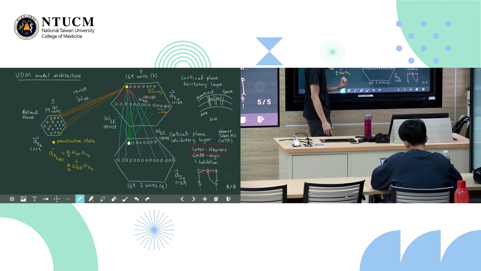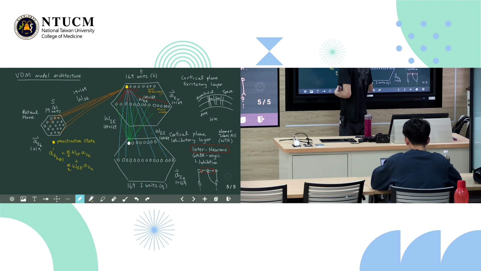It receives from the excitatory units modulated by the excitatory to excitatory weights, and now it's inhibitory.